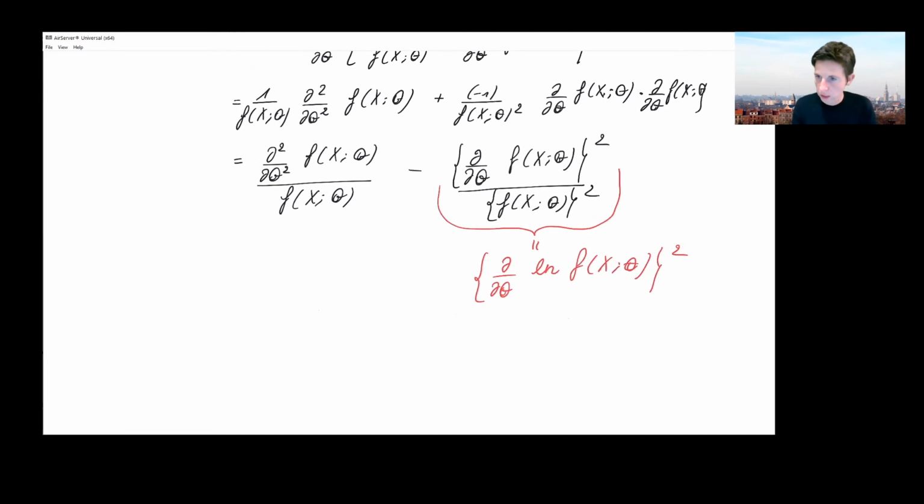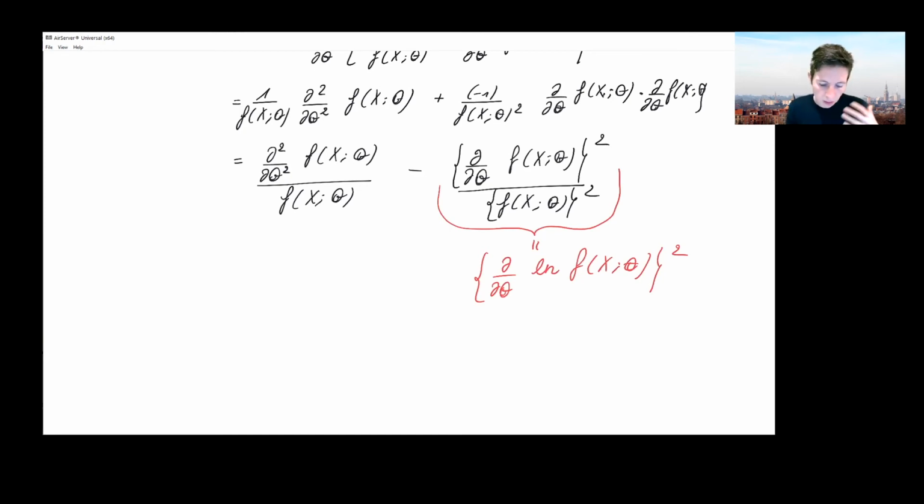Because if you take the derivative with respect to theta of the logarithm of the density, you get 1 over the density times the derivative with respect to theta of the density itself. So this is what I get at this point if I start from the second order derivatives of the log of my density.